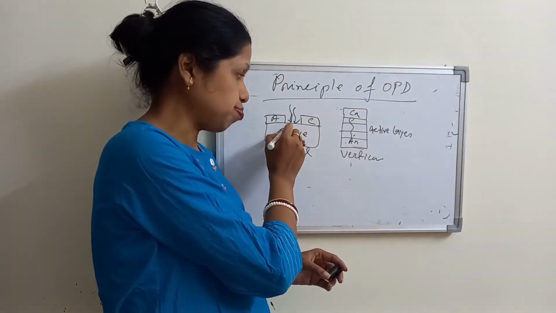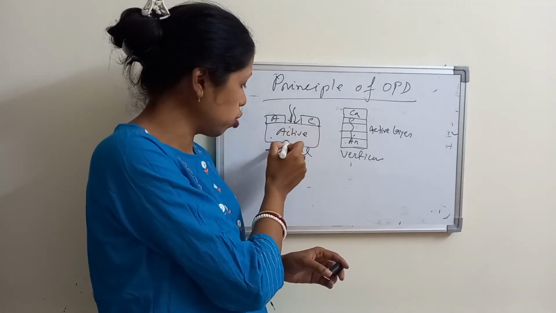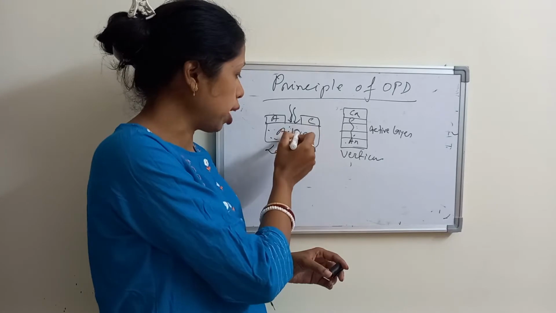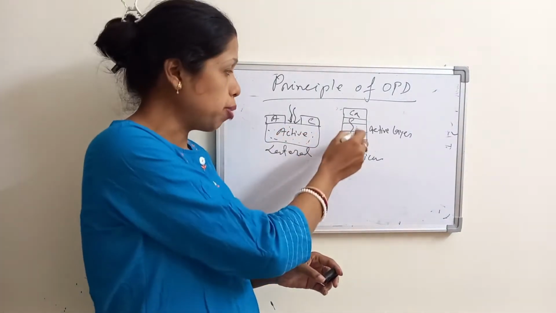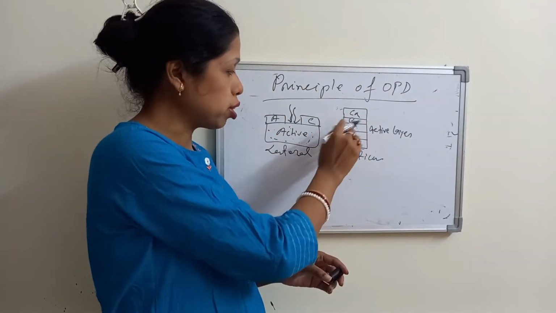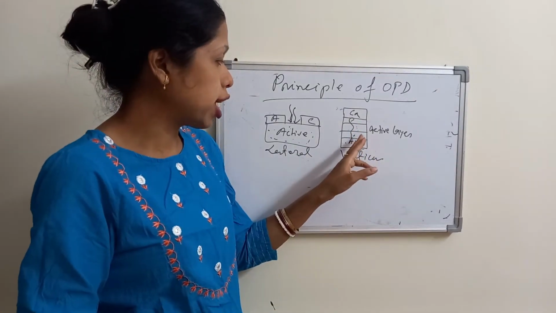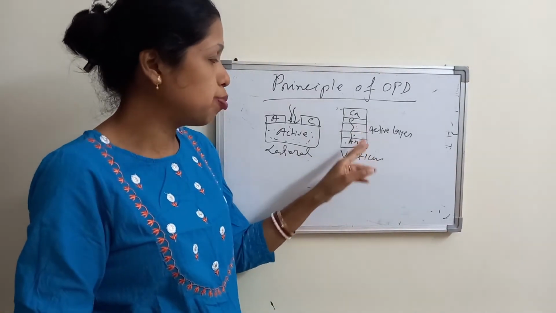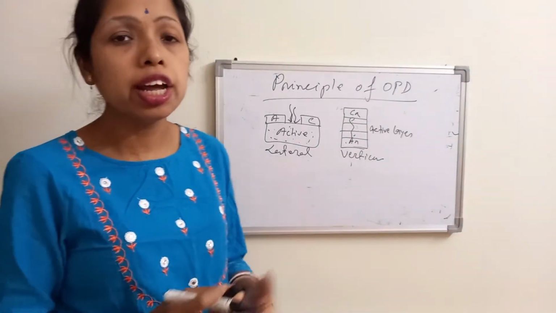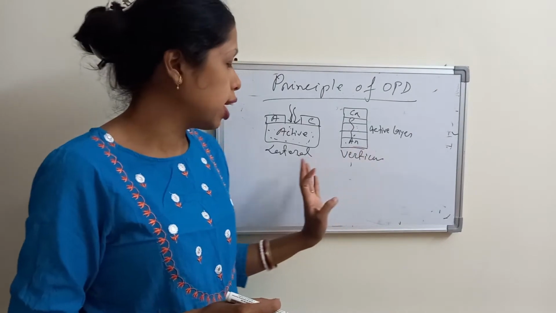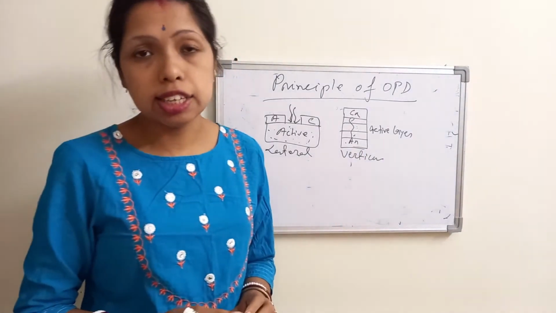Suppose if electron hole pairs are generated, it will take lots of time to dissociate, but in this case that will be more efficient. If electron hole pairs are generated in this active layer, they can be efficiently transported to the anode and cathode layer. So overall, we have to choose the vertical structure as compared to the lateral structure.